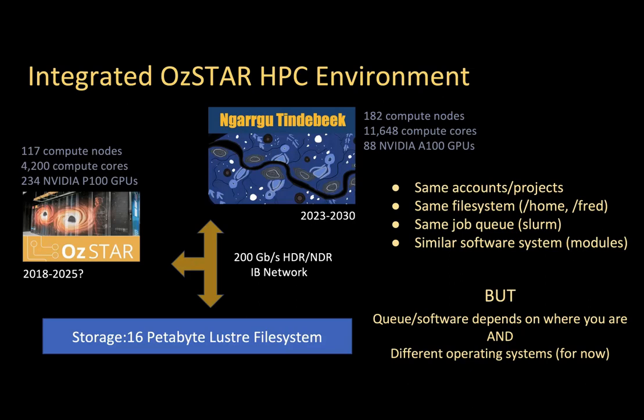The 182 compute nodes are comprised of 150 standard nodes, which each have 64 of these AMD Milan compute cores, 256 gigabytes of RAM. They have a 2 terabyte NVMe or SSD flash drive in them for rapid local I/O. So that can be something people might want to target for their jobs. We then have 10 high memory nodes in this system that have a terabyte of RAM each.